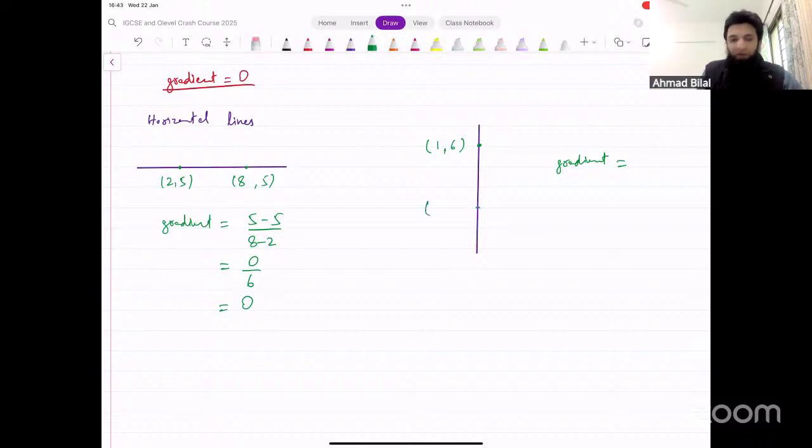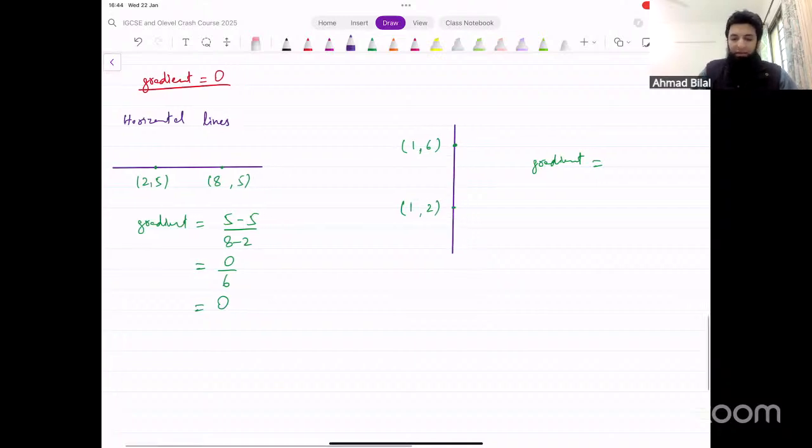Now its y coordinate is going to be smaller because the point is below the other point. So let's say this y coordinate is 2. What about the x coordinate? The x coordinate will remain the same. That cannot change, right? Because it's a vertical line. Whatever was the x value here, that will be the same for both of these points. So this would also have an x coordinate of 1.